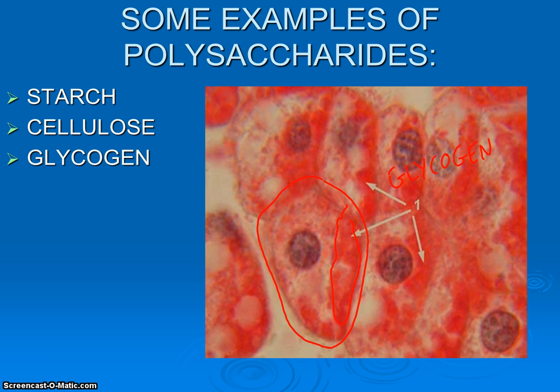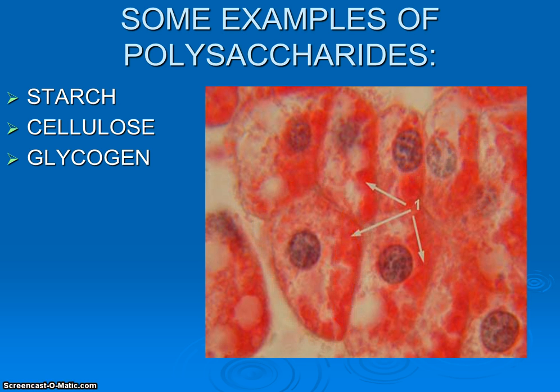Now, ask yourself, why would your cells want to store glycogen? That's easy. We want to store energy just in case for when we need it for a rainy day. Very, very efficient, and this actually is from an image of liver cells, heavily laden in glycogen.